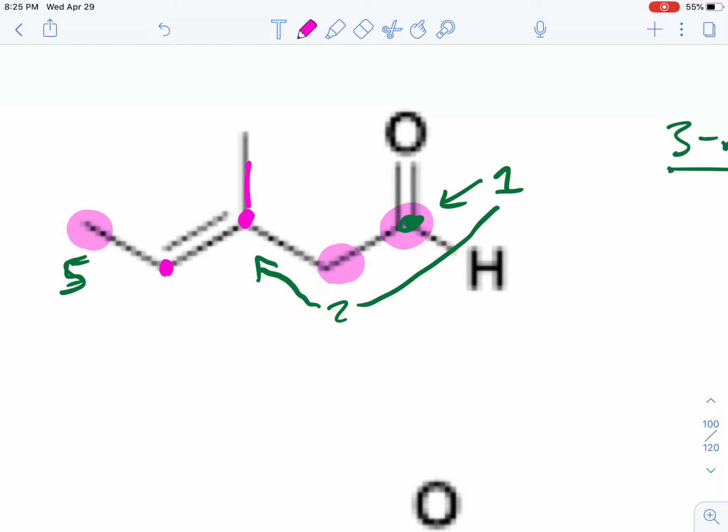And so here I have 1, 2, 3, 4. So since I already have 4 bonds on carbon number 3, I do not need to put in another bond to represent hydrogen. And so all of the bonds are filled up and there is no more vacancy for a hydrogen.